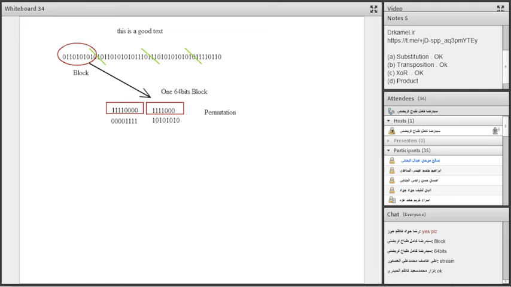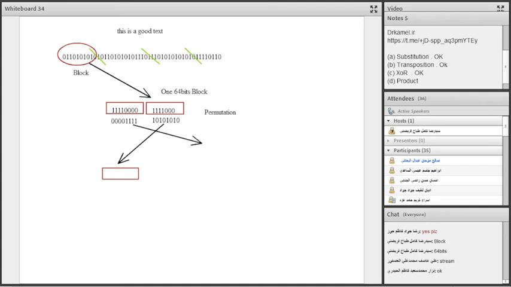For example, permutation changes the order of the bits inside. If this is 1 1 1 1 0 0 0 0, a permutation can make it like this: 1 0 0 0 1 1 1. Permutation or swap is like this.